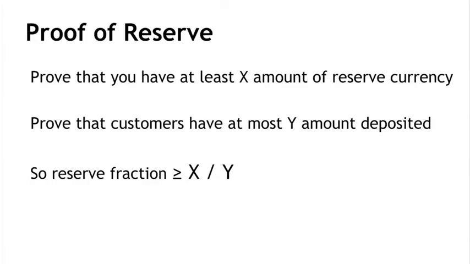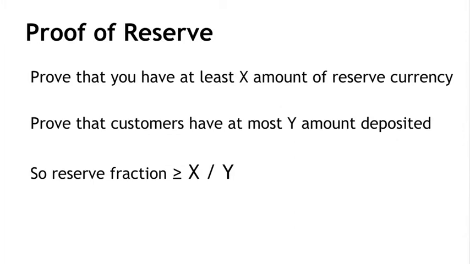Now let's review. So first they've proven that they have at least X amount of reserve currency by doing a self-transaction of X amount. Then they've proven that their customers have at most an amount Y deposited. And of course they can claim that in the other direction as well.